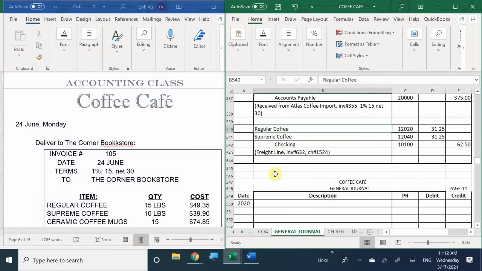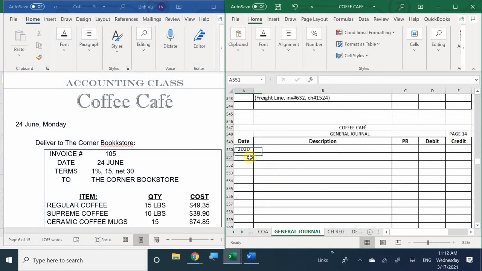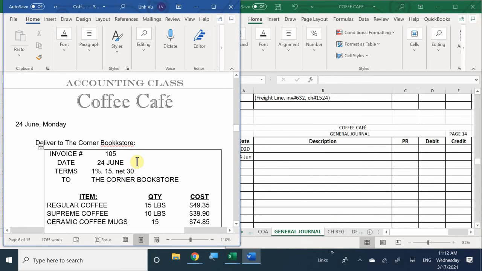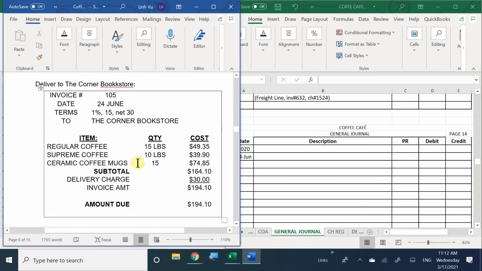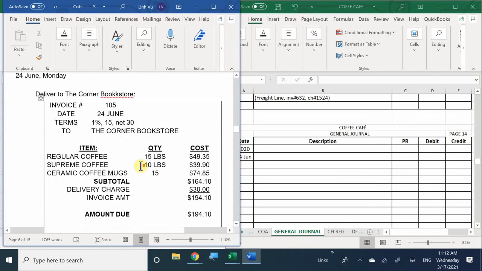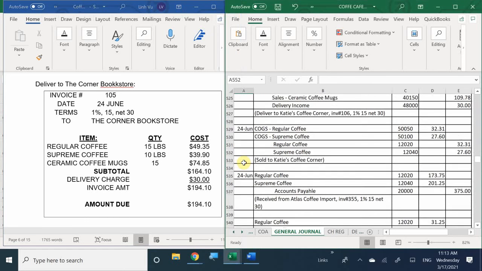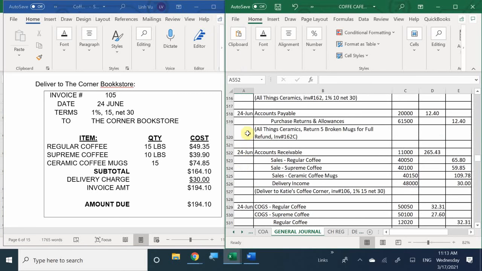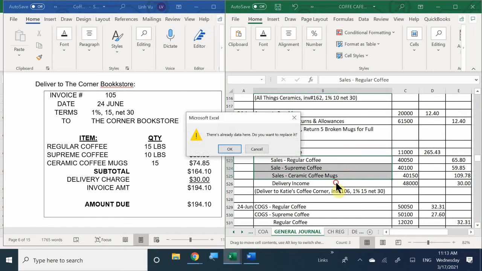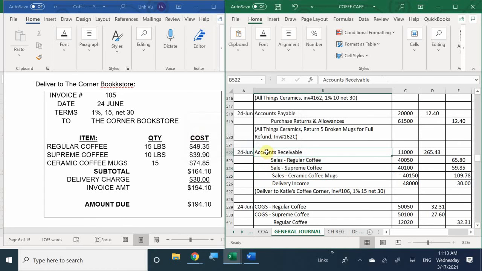So we're, oh, the Corner Bookstore. Yes, okay. So here's finally our invoice 105. So what happened here? How am I going to journalize this? Accounts receivable. Accounts receivable, good. I'm gonna copy this right here.